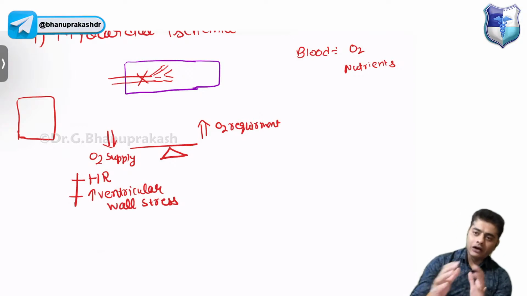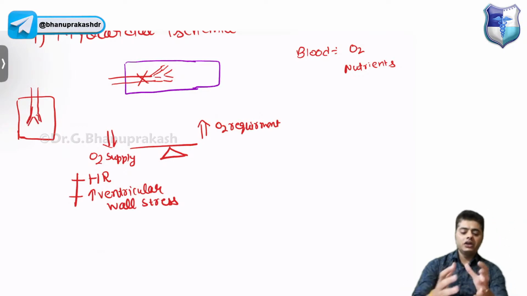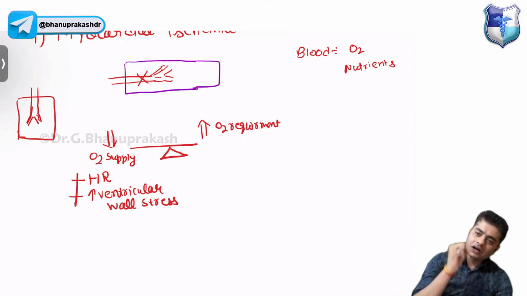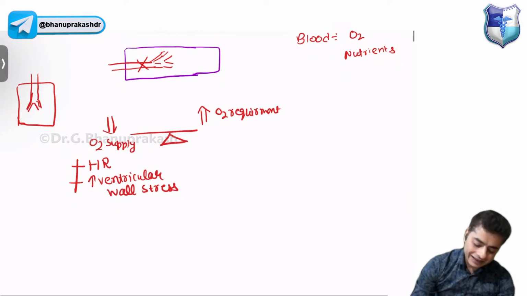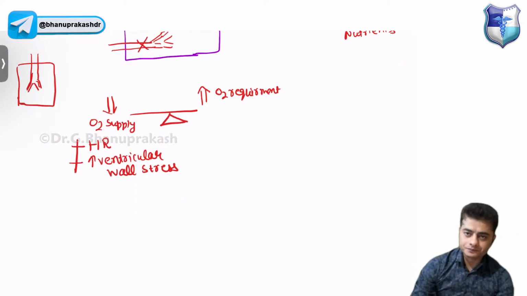Now, these coronary arteries are supplying here. If the myocardium is thick and big, when it contracts, it will squeeze the coronary artery completely, so blood will not go properly. That's why increase in ventricular stress will lead to decrease in oxygen supply.